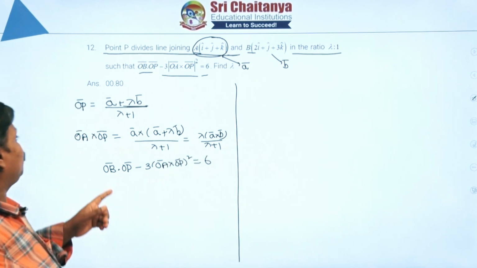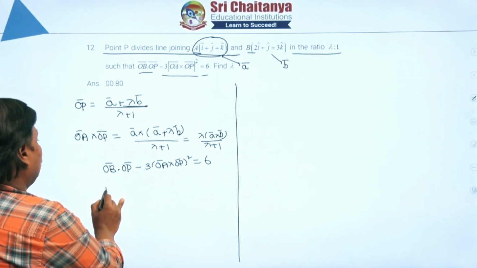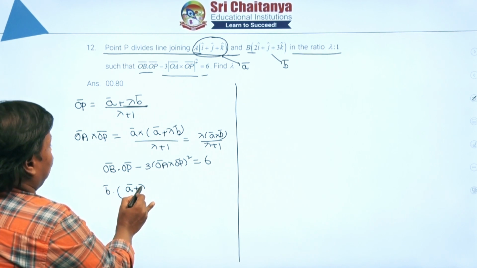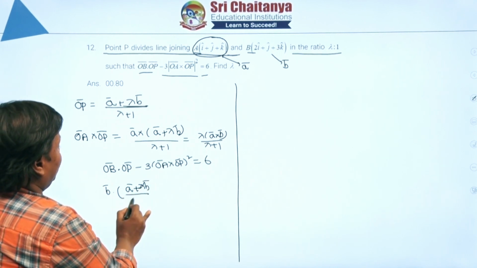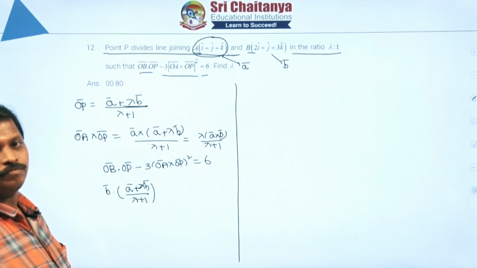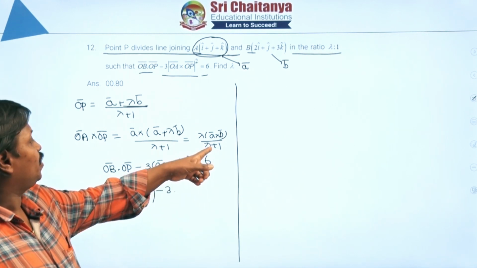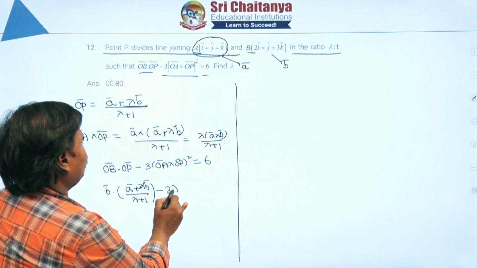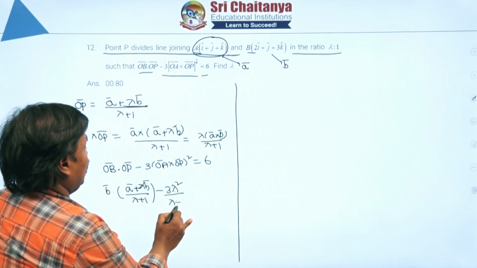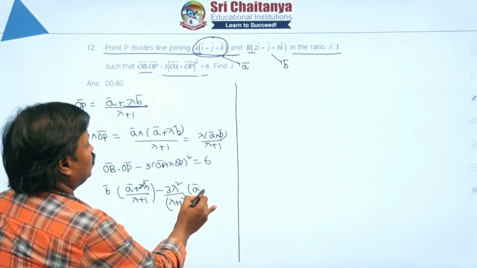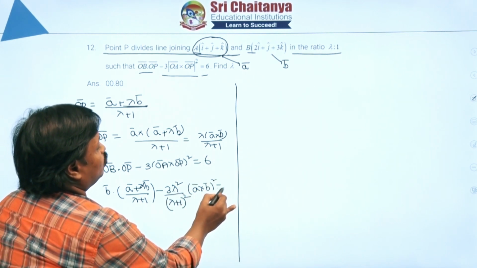So I substitute now. OP means B bar dot (A bar plus lambda B bar) by (lambda plus 1) minus 3 times of OA cross OP whole square, means lambda square by (lambda plus 1) whole square into A cross B whole square equals to 6.